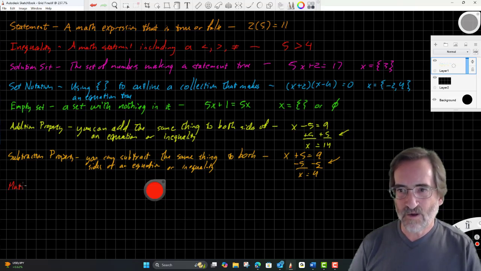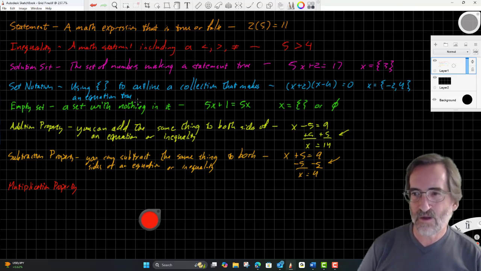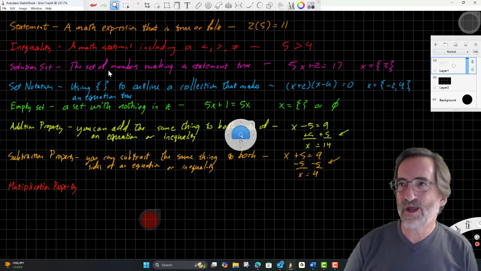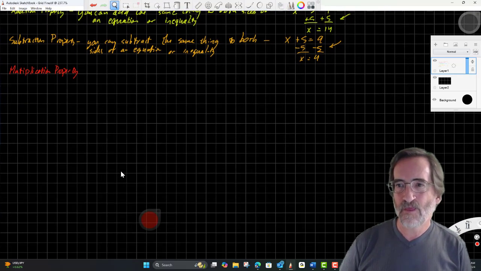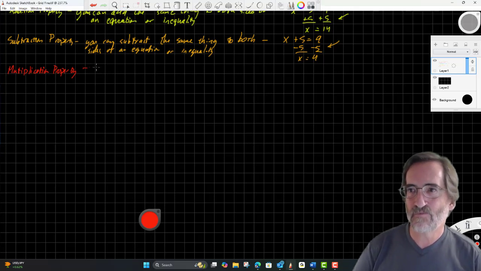Multiplication property. Okay, I'm going to combine again, like before, both equations and inequalities here, but there is a special exception for inequalities that we want to highlight.